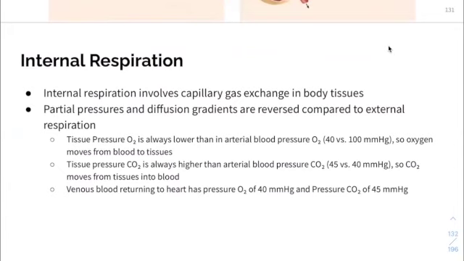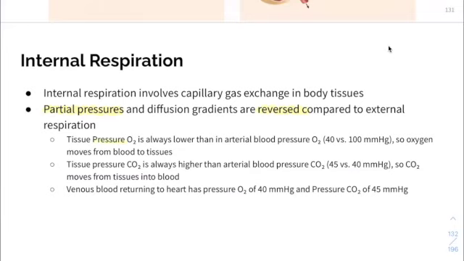So that internal respiration is where we're exchanging gases with the rest of the body. So unlike the lungs, our lungs and our blood vessels have a certain partial pressure for carbon dioxide and oxygen within the lungs. It is the opposite in our tissues.